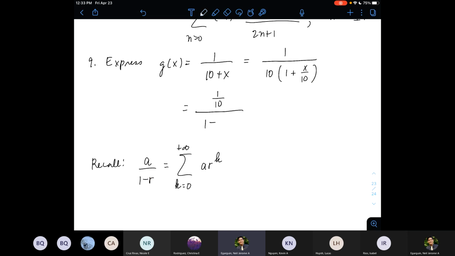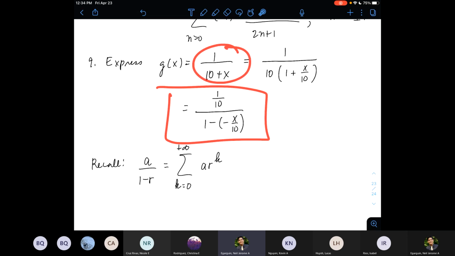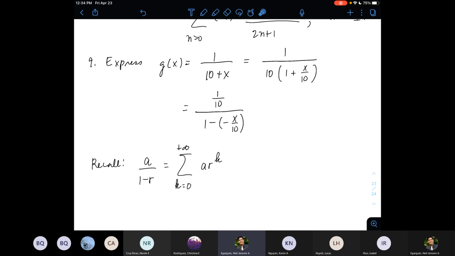And then to remain equal to this, I have to have a minus negative x over 10. Now, I hope it's clear that this is equal to this, and why I did that manipulation or rewriting: because I want to use the geometric series for this.